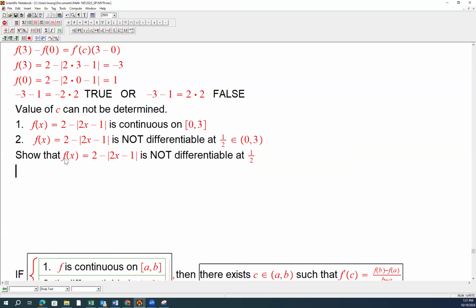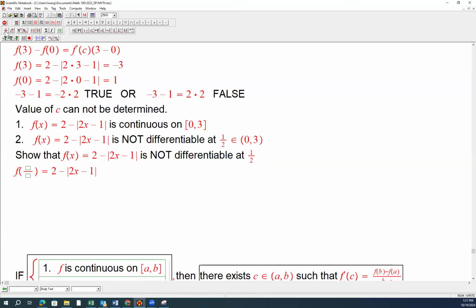The point of non-differentiability we're going to prove: first of all, the point of interest is x equal to half, so half is going to replace this x.